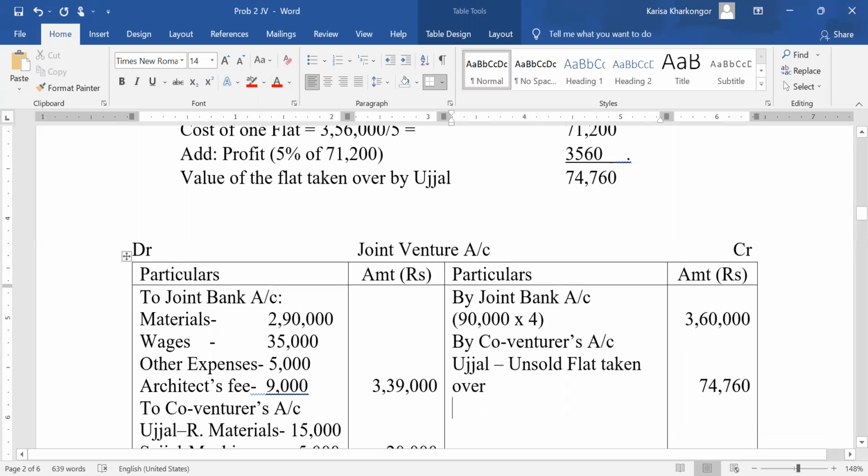We also have to make entry for the materials and machine taken over by Sajal.